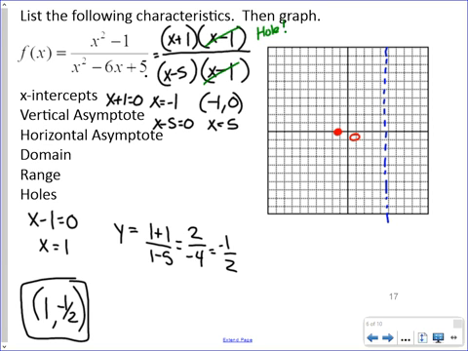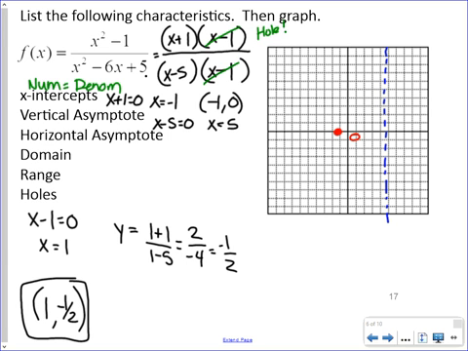What's our horizontal asymptote? Y equals 0? How'd you get that? Because the degree in the numerator and the denominator are equal. Yes, the degrees in the numerator and the denominator are equal. So what do your notes say about horizontal asymptotes when that is true?